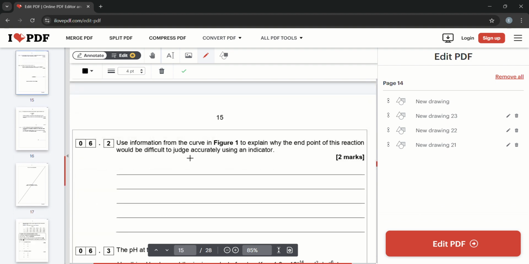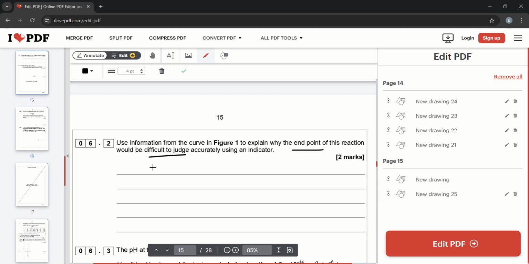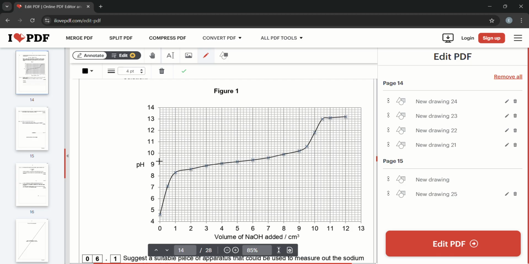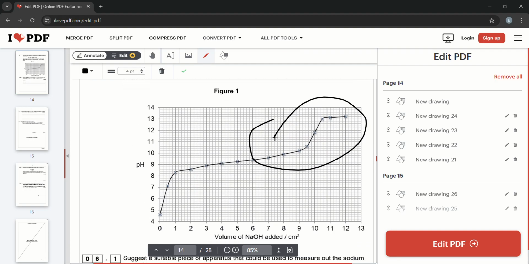6.2. Use information from the curve in figure 1 to explain why the endpoint of the reaction would be difficult to judge using an indicator accurately. So if we look at the endpoint of this reaction, we can see that the endpoint is very, very gradual.